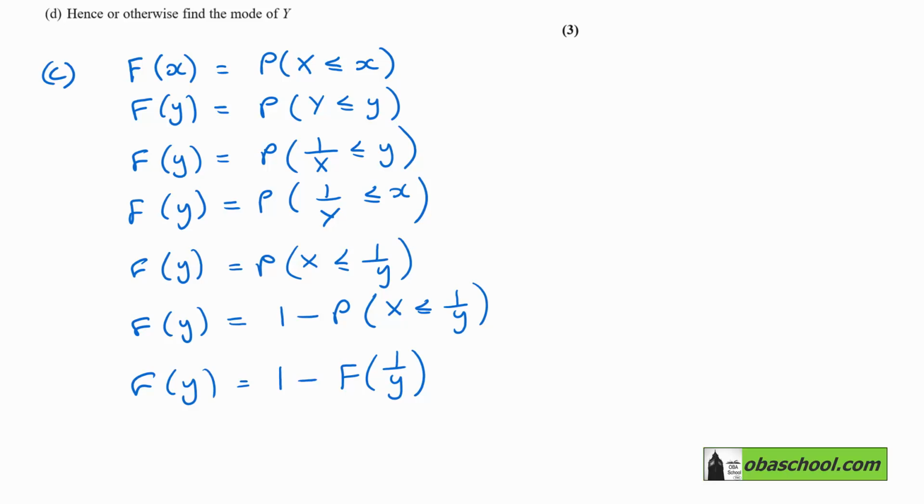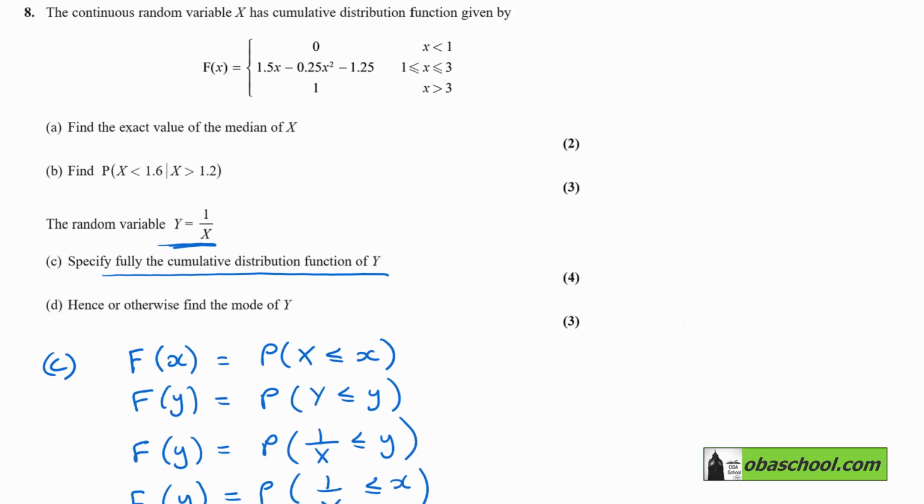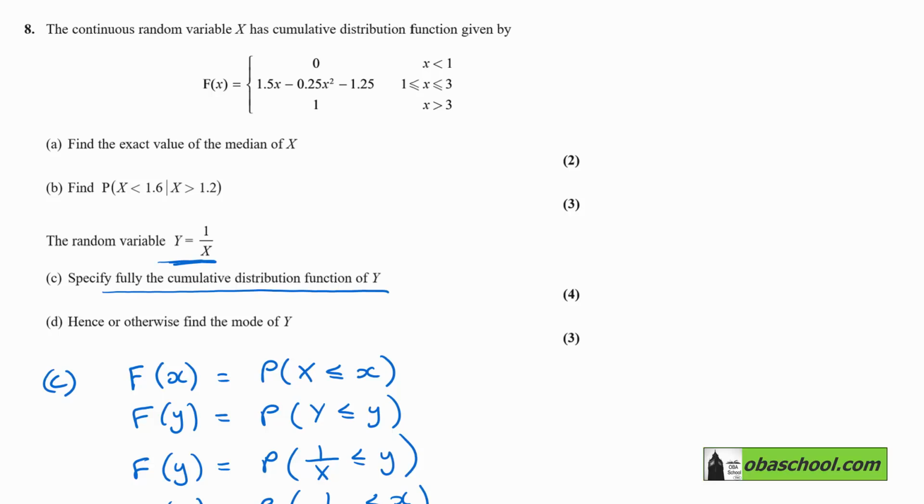Now we're finally at somewhere that is useful. You may have been able to shortcut that whole process there, but that means that we can actually go up and look at the cumulative function here and think about F(1 over y).